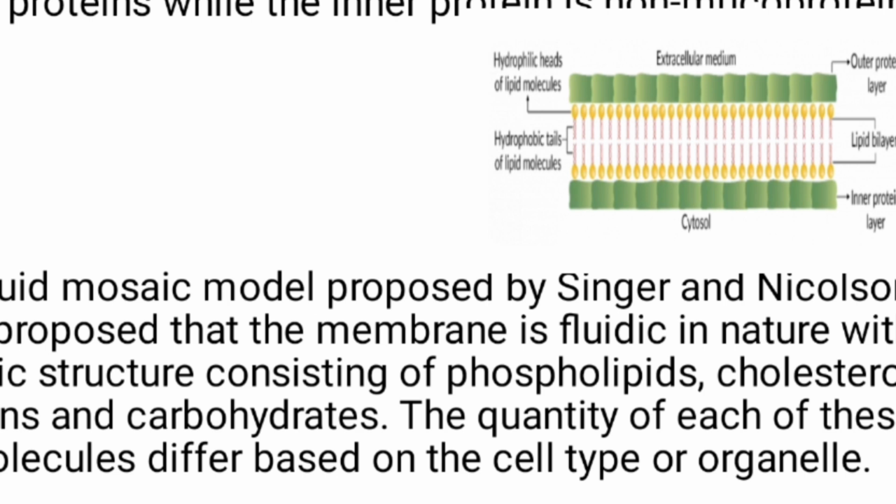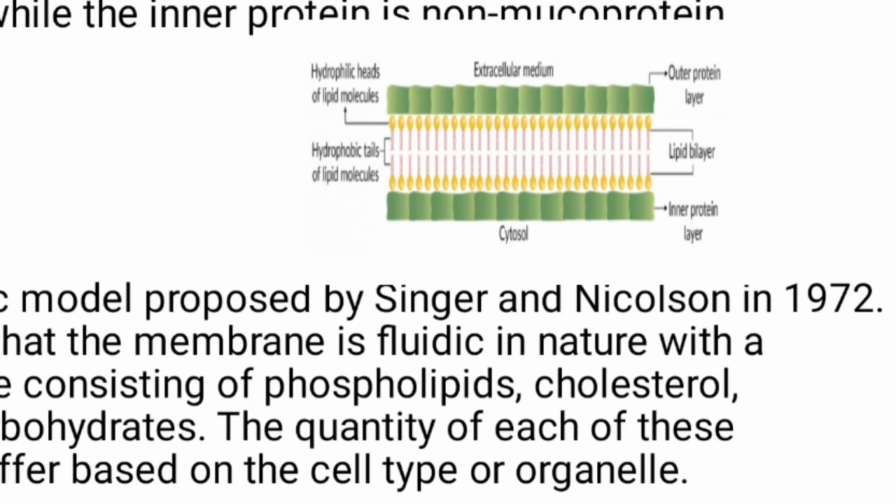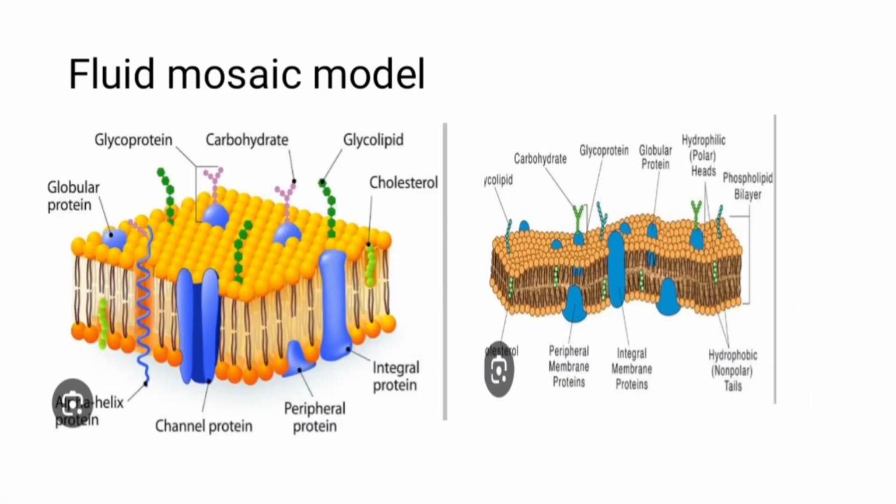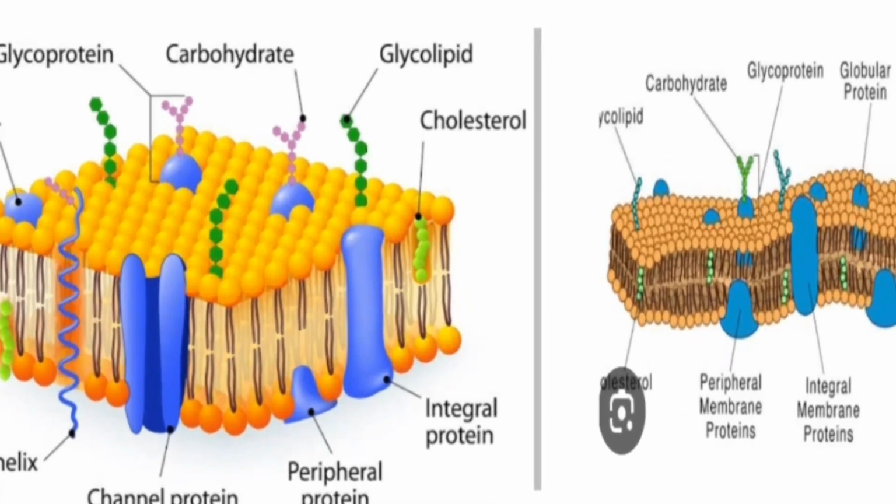Rather, it is scattered all around the surfaces of the membrane in a mosaic manner, and the membrane is not just a rigid structure, rather it is fluidic in nature. Very, very important.